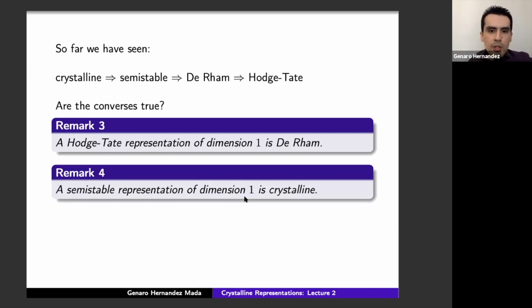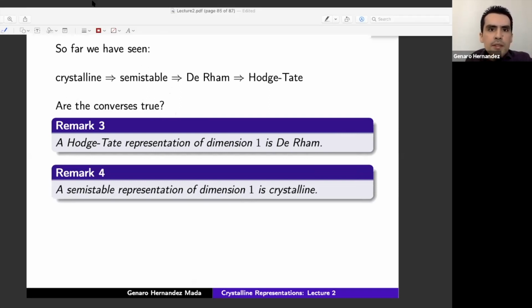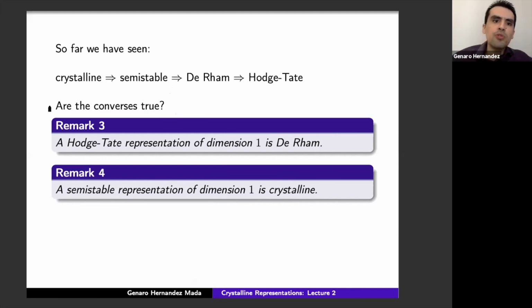So we also have this in dimension 1, and that could help us to find an example of de Rham that is not semi-stable, using the fact that semi-stable and crystalline are the same in dimension 1. That might help us to find a de Rham representation in dimension 1 that is not semi-stable.